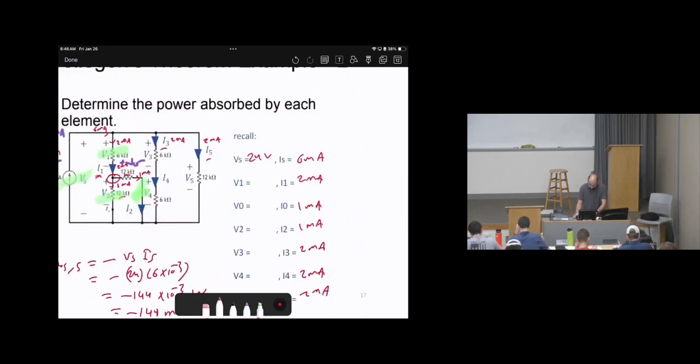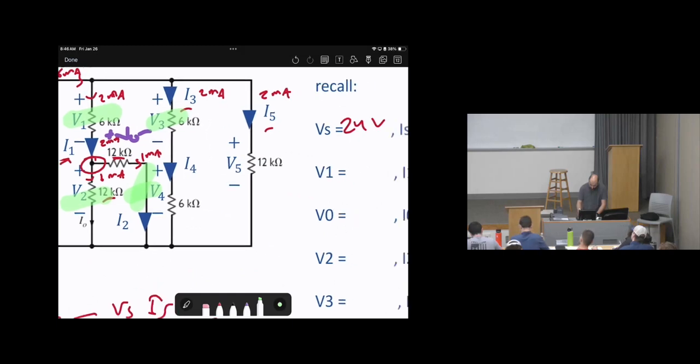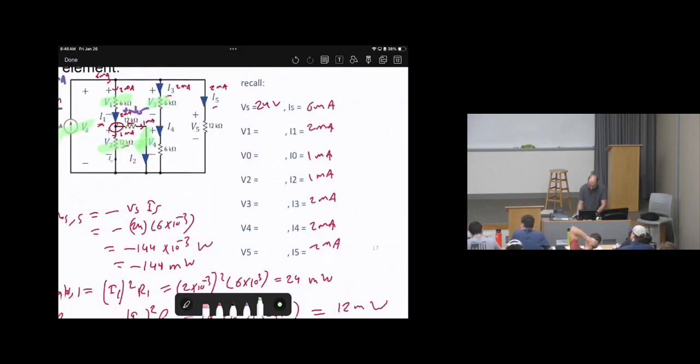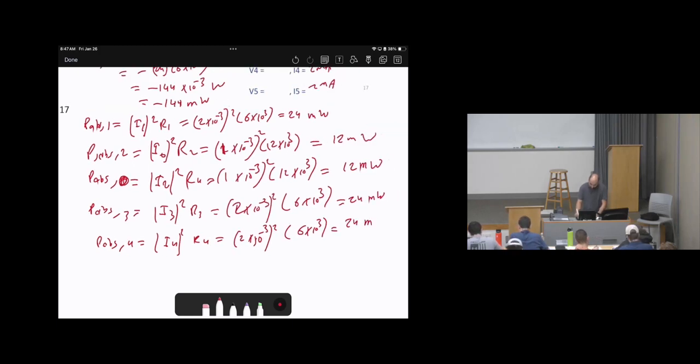Now for element 4, which is here, we're done with this one. Let's do element 4, I4 squared times 6 kilo. P absorbed for element 4 is I4 squared times R4, 2 times 10 power negative 3, squared, times 6 times 10 power 3. So the answer will be 24 milliwatts.